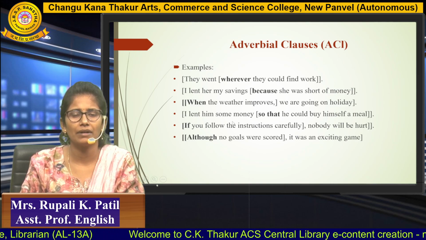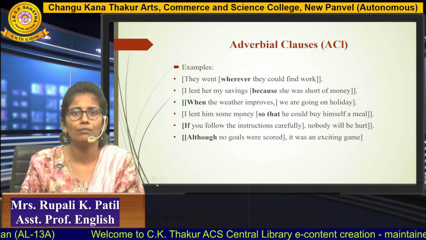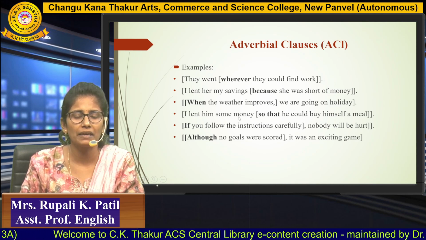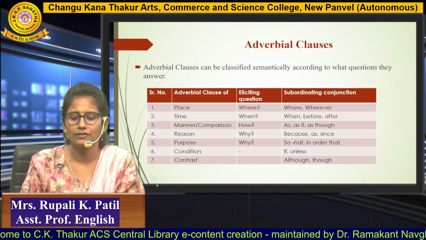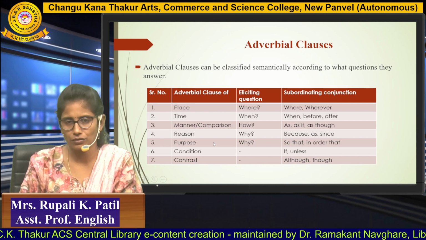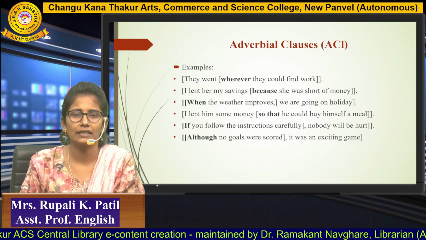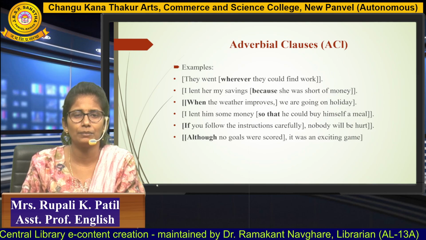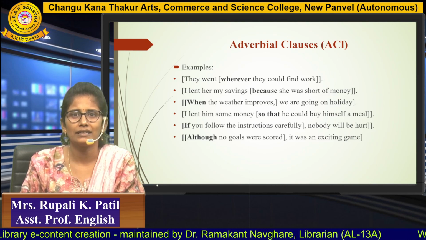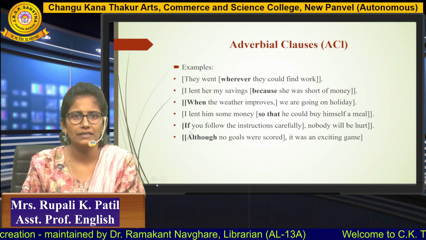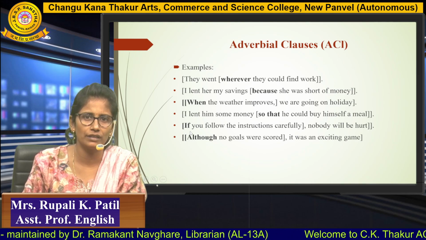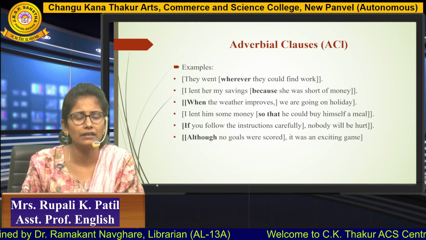I lent him some money so that he could buy himself a meal. Our subordinate clause started with the conjunction so that, which conveys the purpose. Why I have given the money is conveyed by the subordinate clause, that he may be able to buy himself a meal. Next example is, if you follow the instruction carefully, nobody will be hurt.